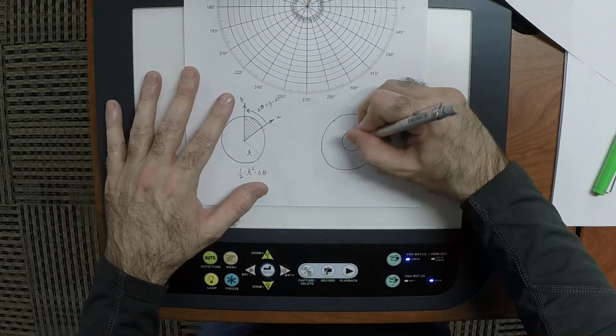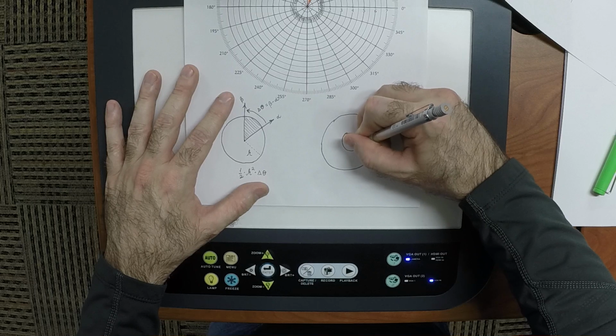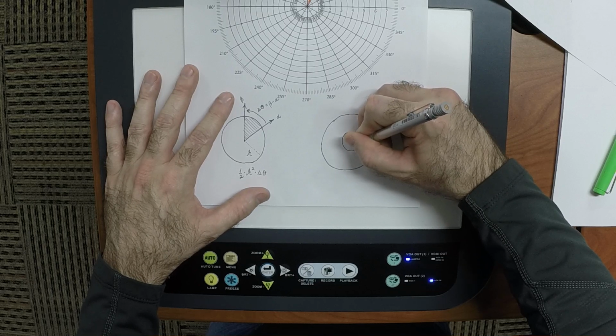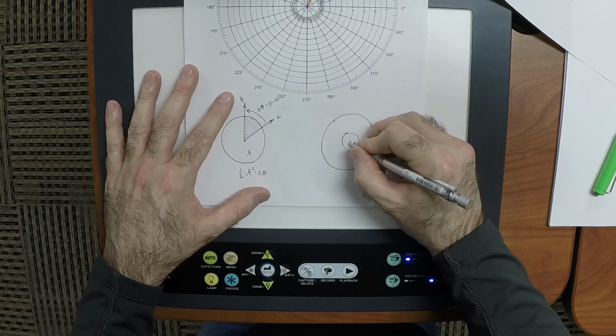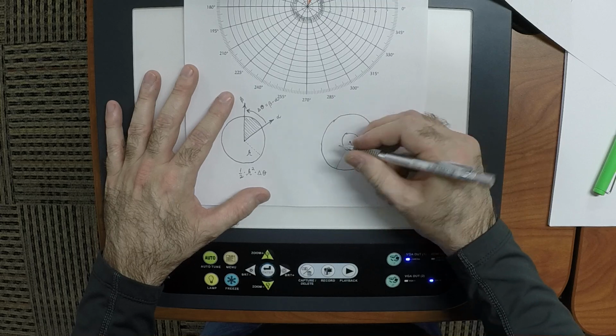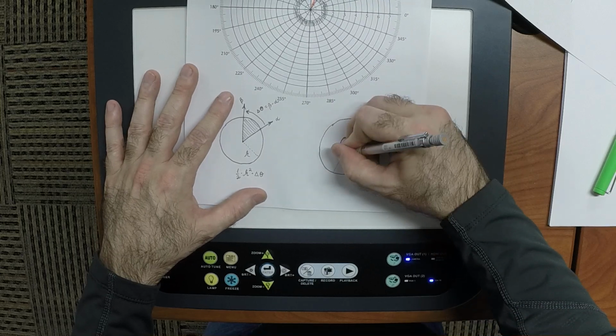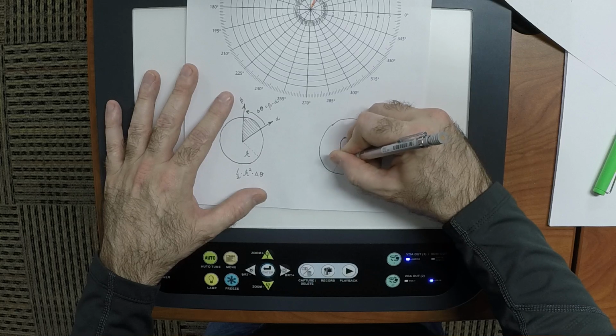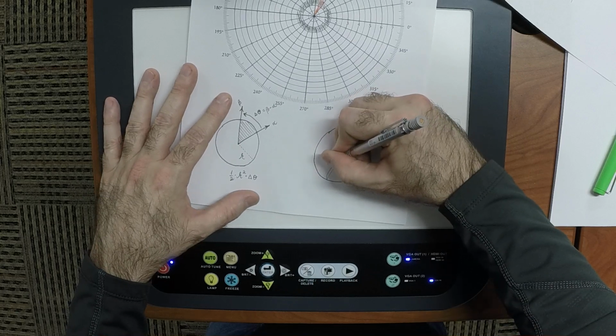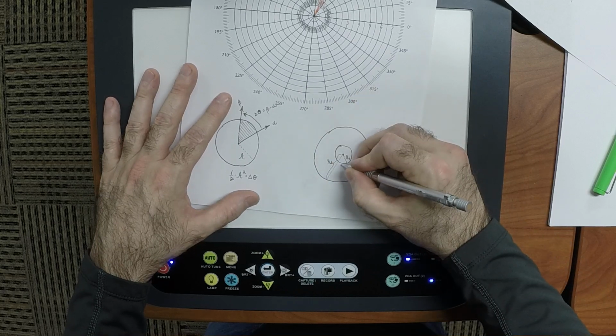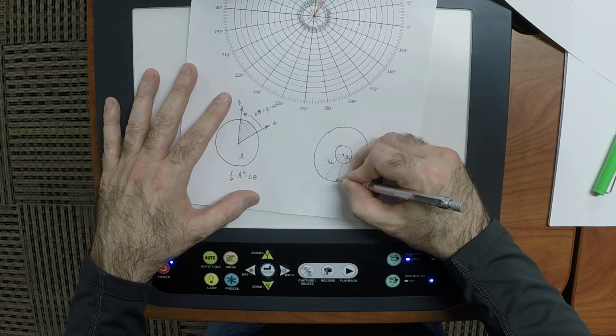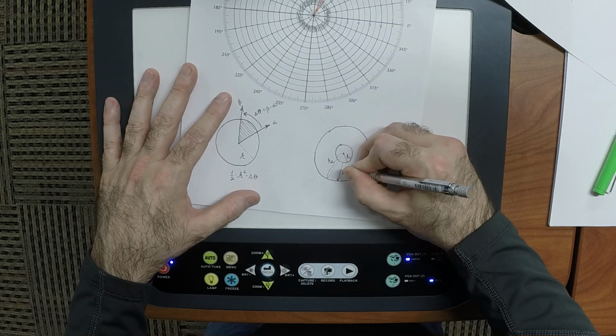I'll say that the little circle has radius r1, say. The big circle has radius r2. And then the change in the radius, just that much, we're going to refer to as delta r.